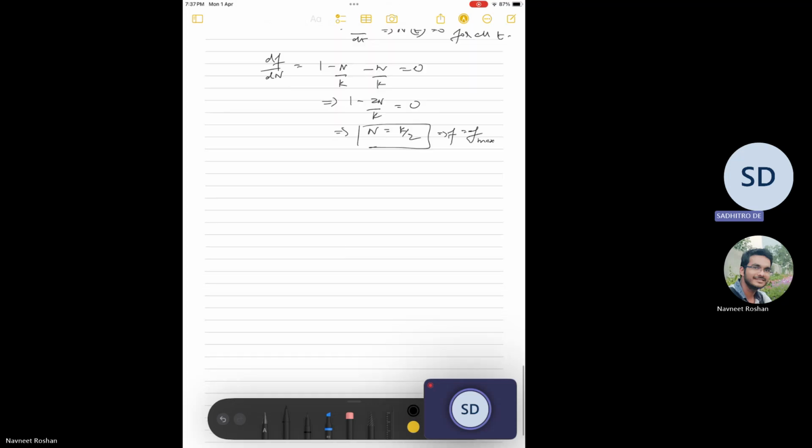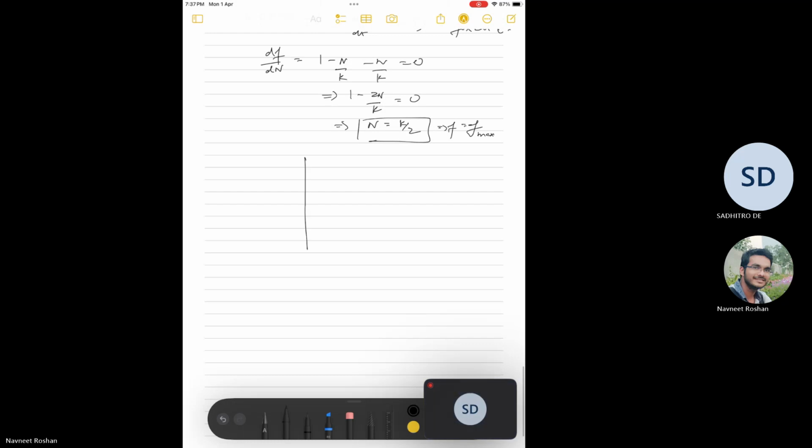So one can also plot a graph of the growth rate like this.